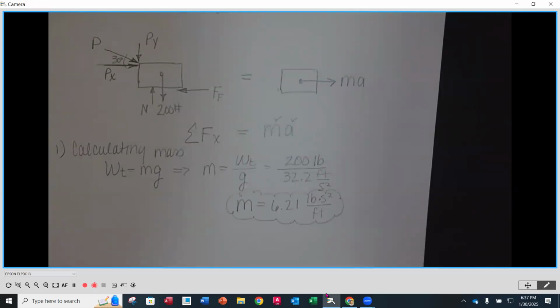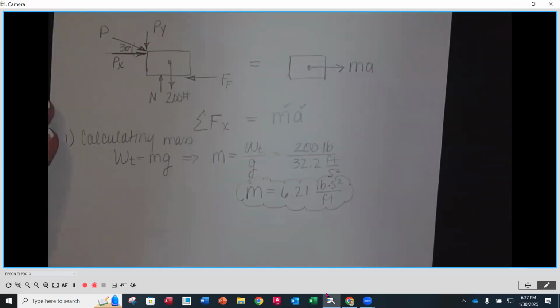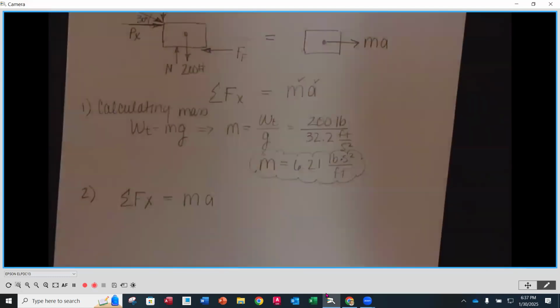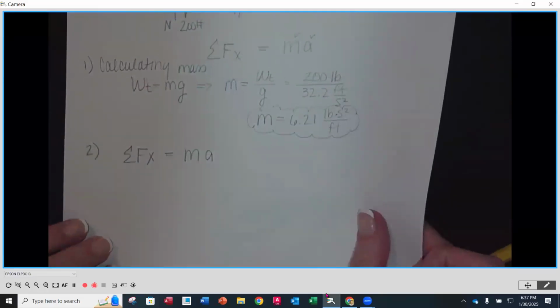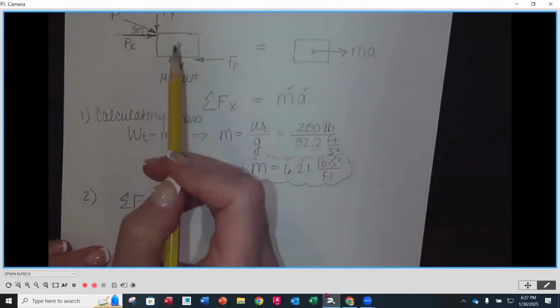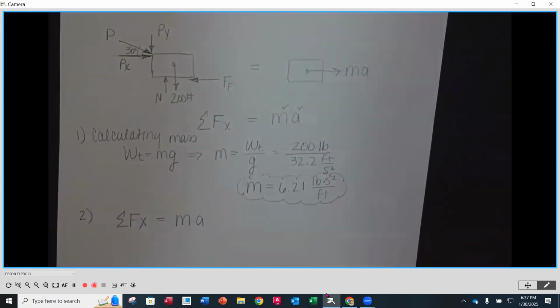Now the next thing we want to do is look at summing our forces in the x and see where we're at. Okay, so if I sum my forces in the x direction equal to ma, let's see what we know here in this equation. We're going to look on the left-hand side here, and we're going to look at the forces that are in the x direction, okay?